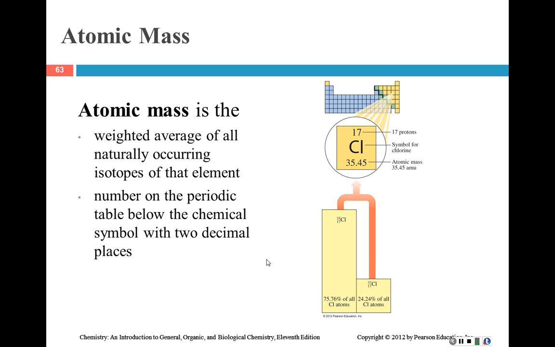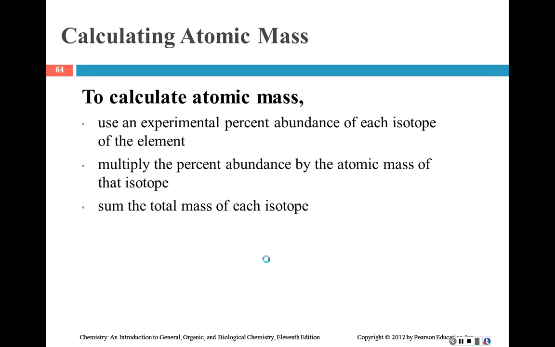We can look at that number and tell which one it's closer to, and pretty much tell what is the most abundant, like what do we have the most of. So to calculate the atomic mass, we're going to use the experimental percent abundance, multiply the percent abundance by the atomic mass, and then sum those up for each isotope. What the heck is she talking about now?